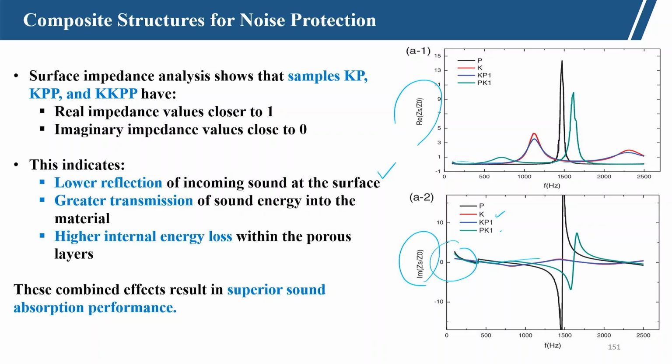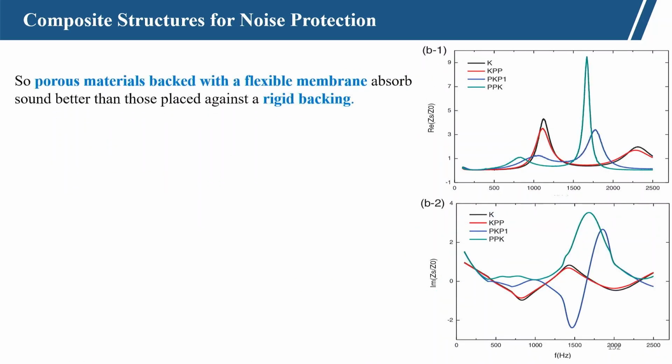So, where we use this type of layering, the porous material backed with a flexible membrane like polyethylene absorbs sound better than those placed against a rigid backing. So, for porous material like nanoven, if we use the backing with a flexible membrane, that will result in higher sound absorption.